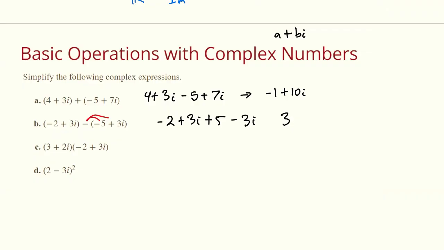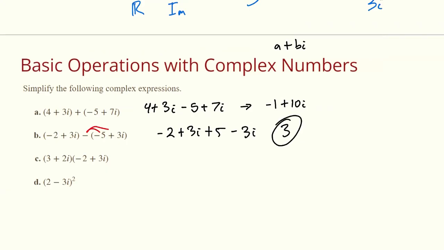And then 3i minus 3i, what happens? It's gone. Yeah, I get it. It goes to a 0, and you can say that. Fine, it goes to a 0, but 0 times i is always going to be 0. So this would end up being what? Just a pure real number. So just 3.